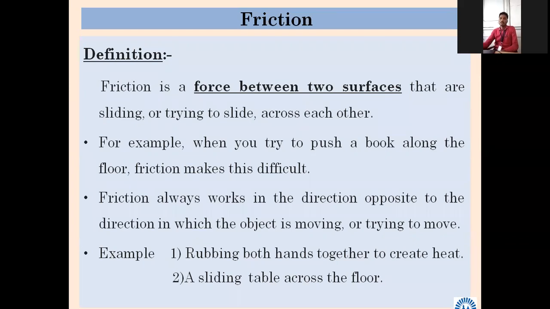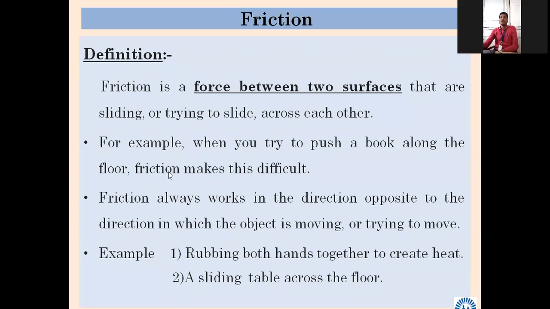That one is good. Again, in terms of direction or nature, perpendicularity and parallelism: friction acts along the surface and reaction acts perpendicular to the surface.